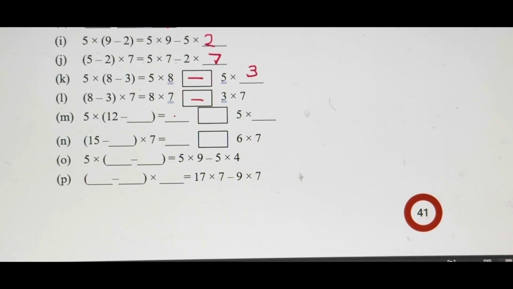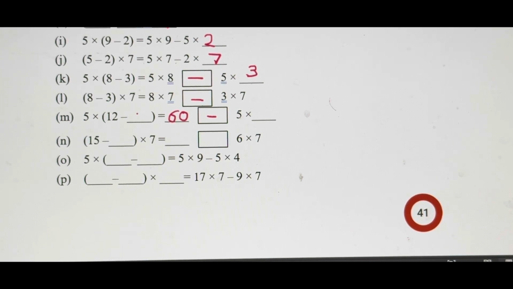M, in question M, 5 into 12 minus dash is given. And here there is no number given over. So suppose I write here 60 because we know 5 first will multiply 5 into 12. So we write down 60. Right? And there is a minus sign. So here they have not given any number. You can choose your number. You can write 2, you can write 3, you can write 4, you can write 5.